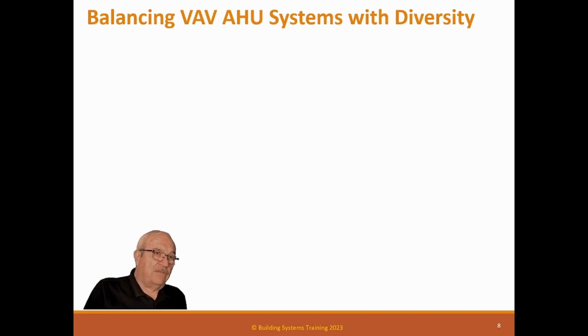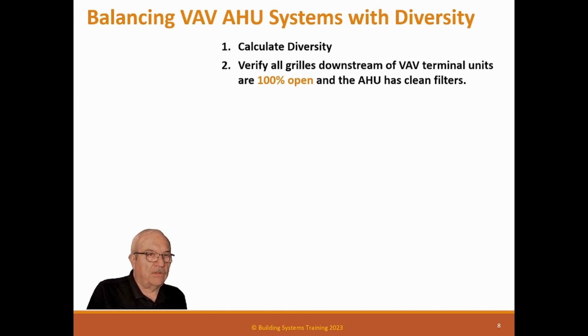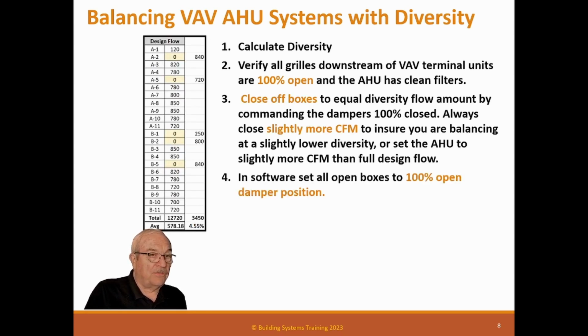So balancing VAV air handler systems with diversity, how do we do that? Okay, first we calculate the diversity, which we've already done. Then verify all grills downstream of the VAV terminal units are all 100% open and the air handler has clean filters. So now we're guaranteeing they're all open so we can see total flow. Then you close off the boxes equal to diversity flow amount, commanding the dampers 100% closed.